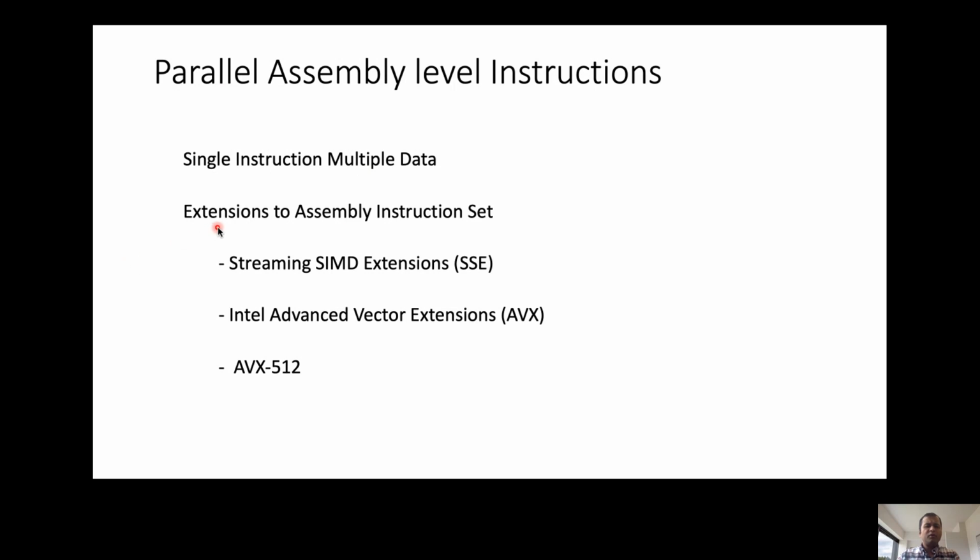And our modern processors support extensions to the classical, standard assembly instructions. And there are many examples. What I'm showing here are 3 examples: SSE, streaming SIMD extensions, then Intel Advanced Vector Extensions, Intel AVX, and then AVX 512.